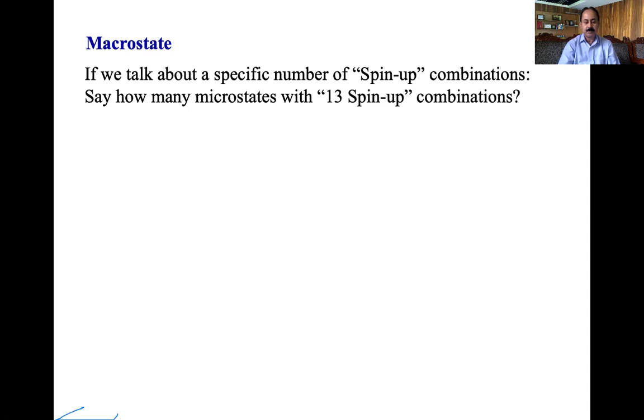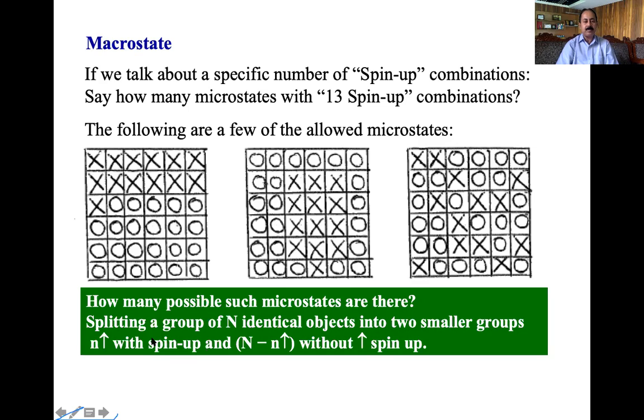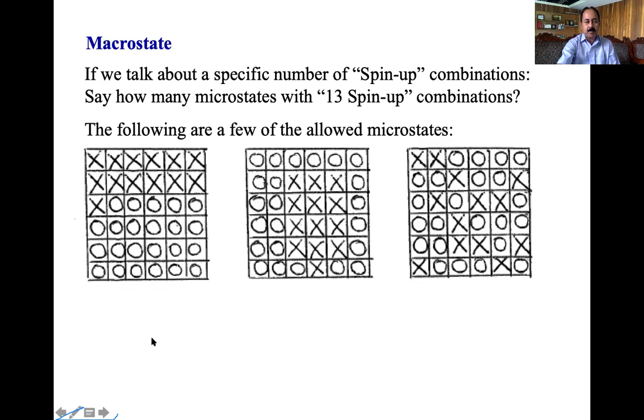Let's see. This is one example you can see. The first one that you see here: 1, 2, 3, 4, 5, 6, 7, 8, 9, 10, 11, 12, 13. So these 13 cells have spin up. So this is one microstate.